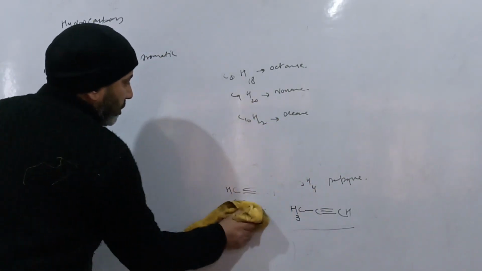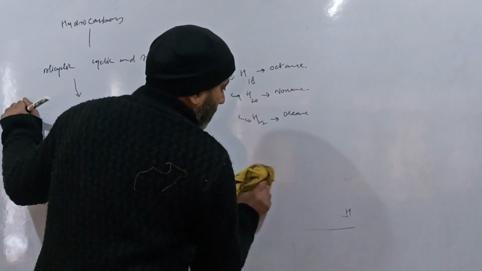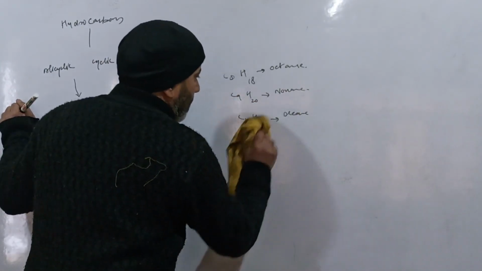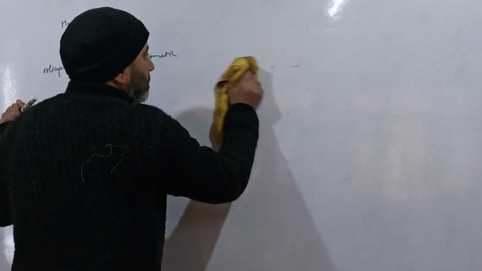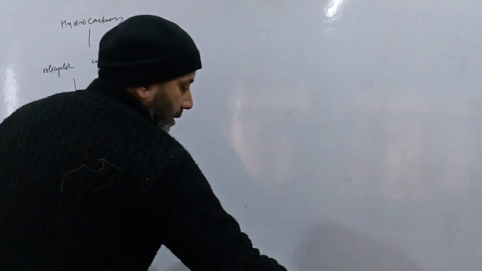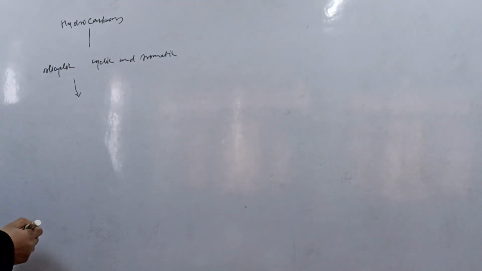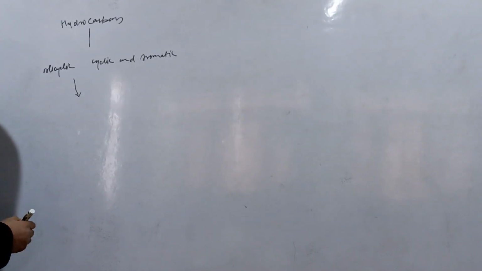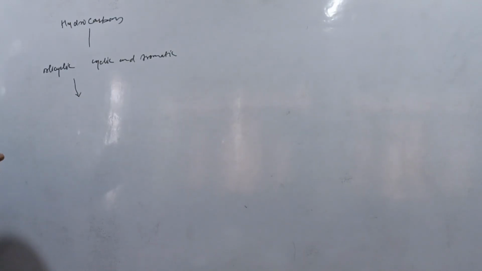But before proceeding further, I will make you understand another view, that is the general representation, the general expression for expressing the different categories of compounds of hydrocarbons or some other organic molecules.